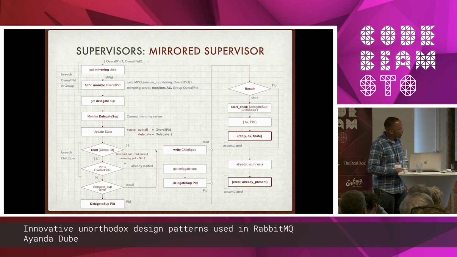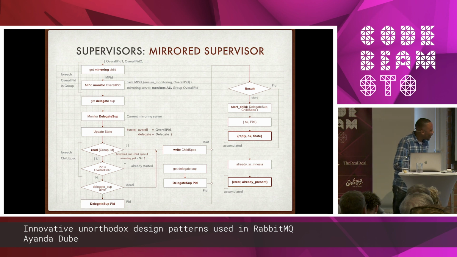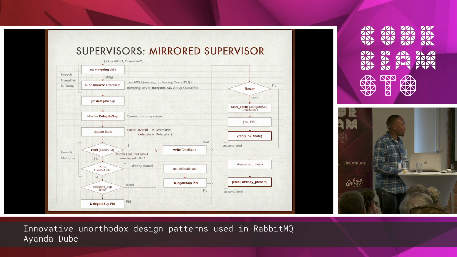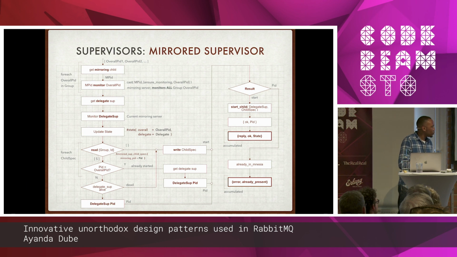So if the child spec already existed with an overall supervisor PID, that will be marked as already in Amnesia and fail. But if it didn't, it will stop the child process, and that will be supervised by the delegate supervisor.